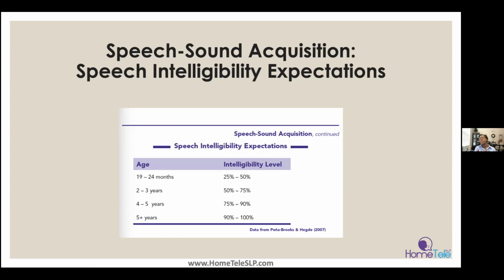So the intelligibility increases. Between 4 and 5, somewhere between 75 to 90%, and over the age of 5, somewhere between 90% and 100%. One thing I always point out is that a person's speech is never really 100% intelligible.